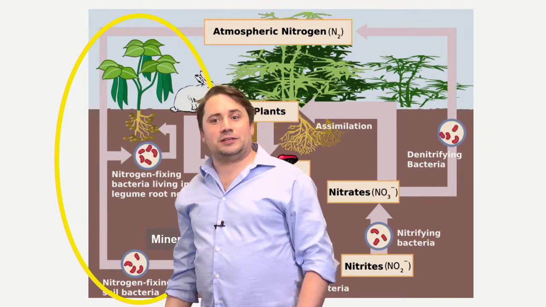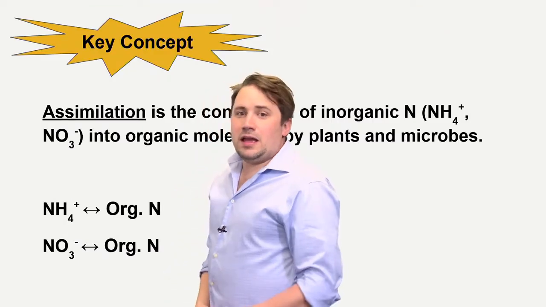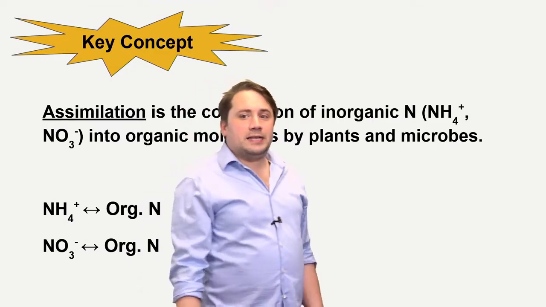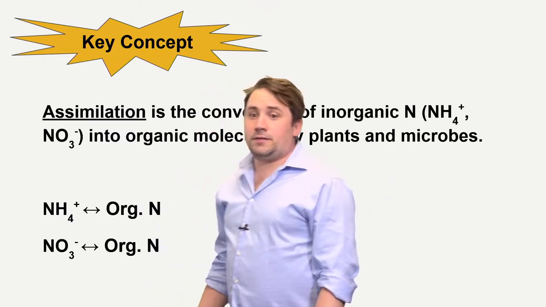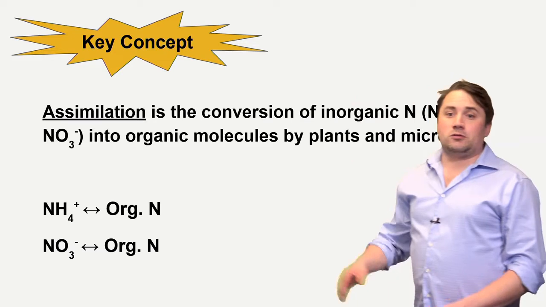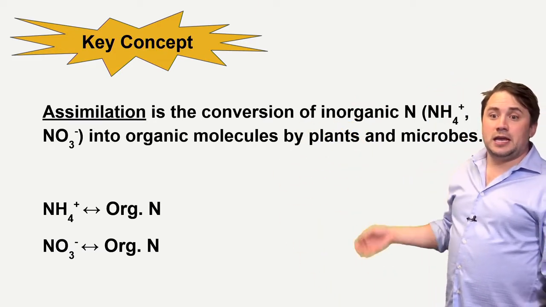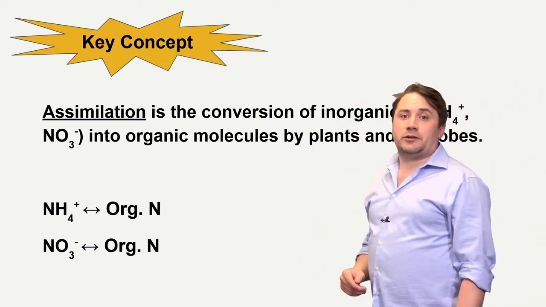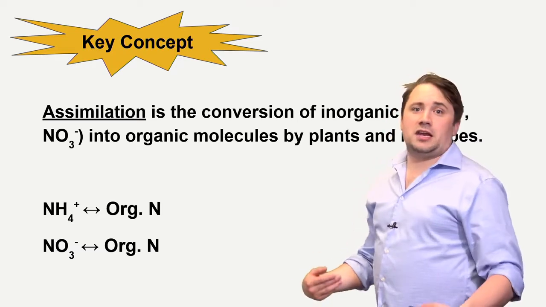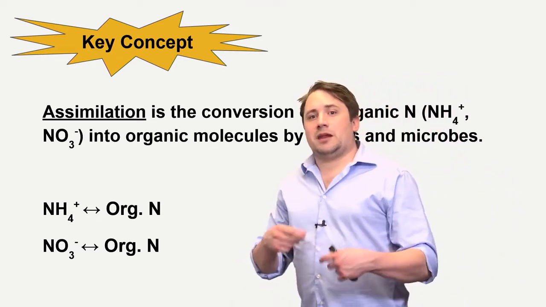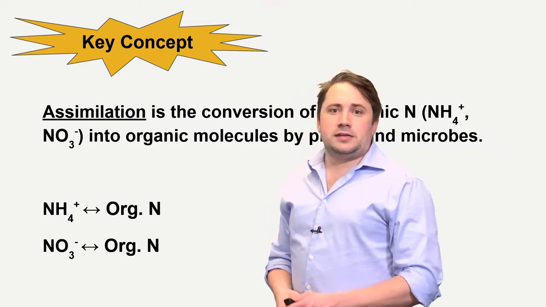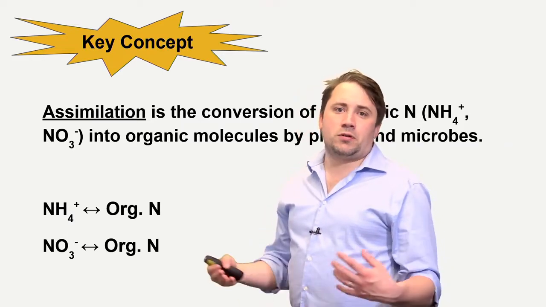So what happens after nitrogen's fixed? Well, after nitrogen's fixed, plants and organisms assimilate it. Assimilation is the process of the conversion of inorganic forms of nitrogen, such as ammonium and nitrate, into organic molecules by plants and microbes. So plants and microbes take in ammonium, they take in nitrate, and through catabolic reactions in their cells, they turn these into organic tissues, like proteins.